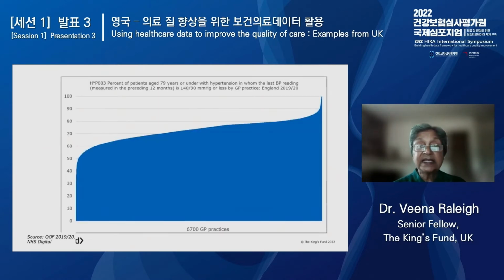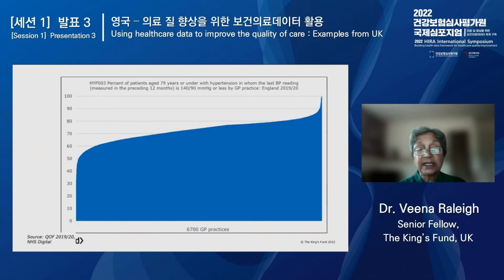So this is one indicator. It shows blood pressure control in people under 80, patients with recorded hypertension in whom the blood pressure is controlled at less than 140/90. And this represents the data from almost 7,000 practices.